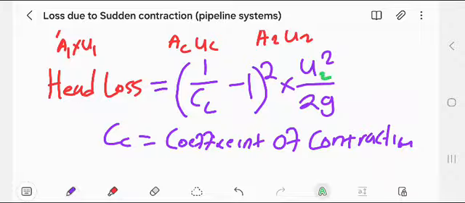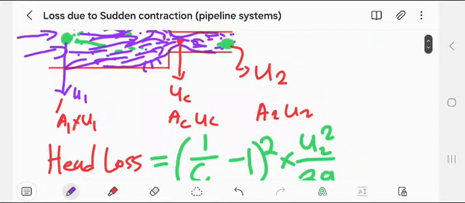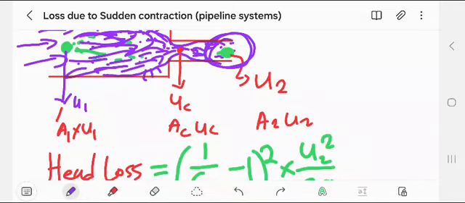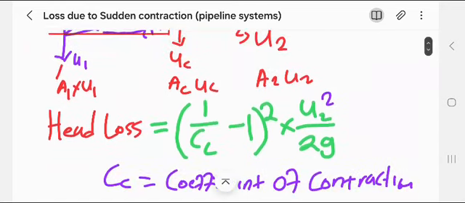This is how you will calculate it. Remember, this is u2, the velocity 2 in this pipe. So it will be parentheses, 1 over Cc minus 1, squared, multiplied by velocity 2 squared over 2g.